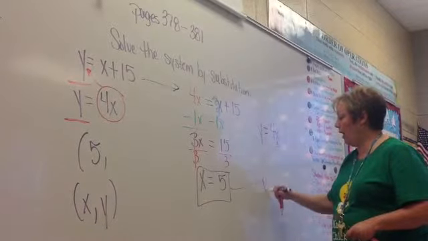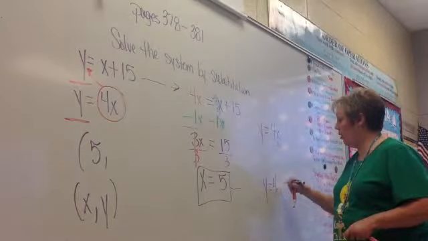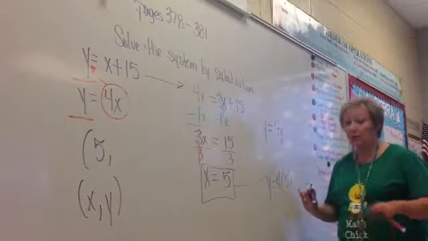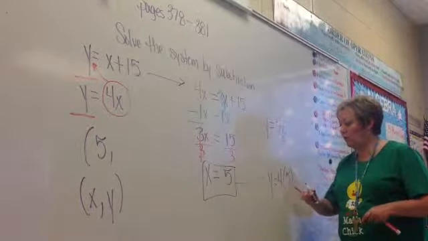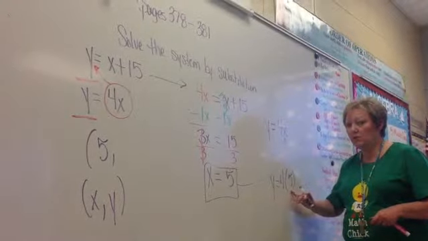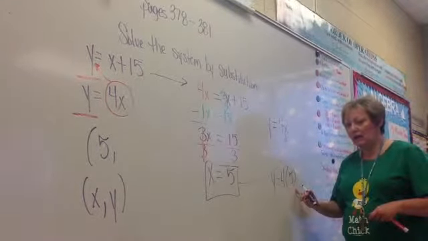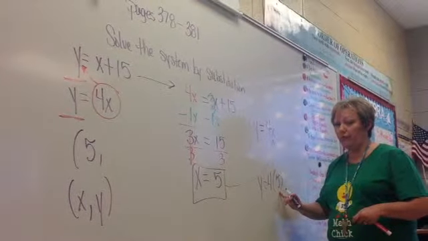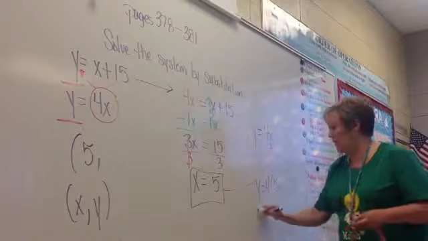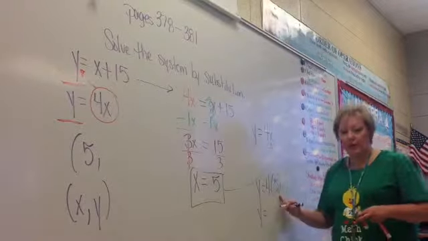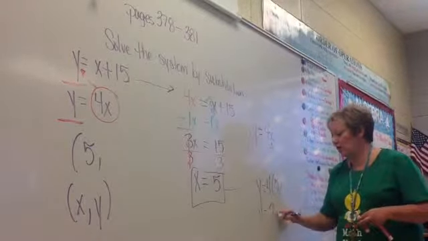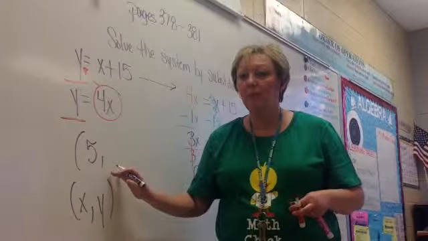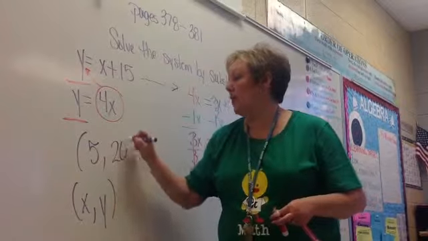So I'll have y equals 4 times 5. Remember, when you're replacing or substituting, let's use our correct terminology. When I'm substituting, it's always a good idea to replace that variable, substitute that number for the variable, with parentheses. So I've got y equals 4 times 5, and that is 20. So go back over here to where we were. Our second part, y equals 20.